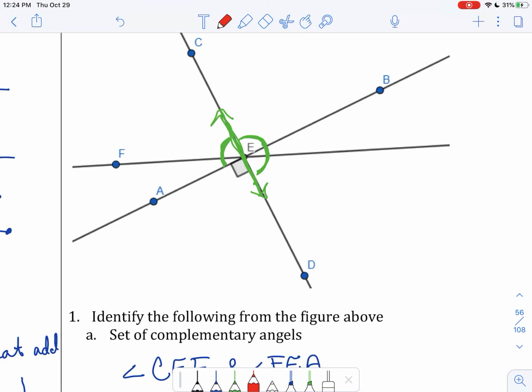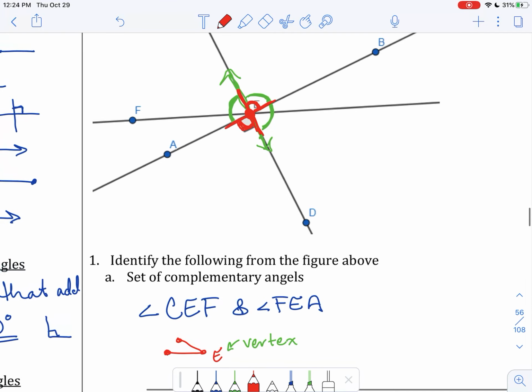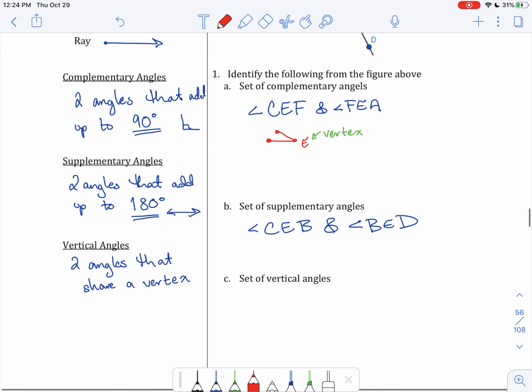If I just pick one, like this one that hasn't been colored yet, that's one angle. The vertical angle is the one directly across from it. It doesn't share anything else: this side and this side aren't shared, but they do both have this same vertex right in the middle. So those would be a set of vertical angles.